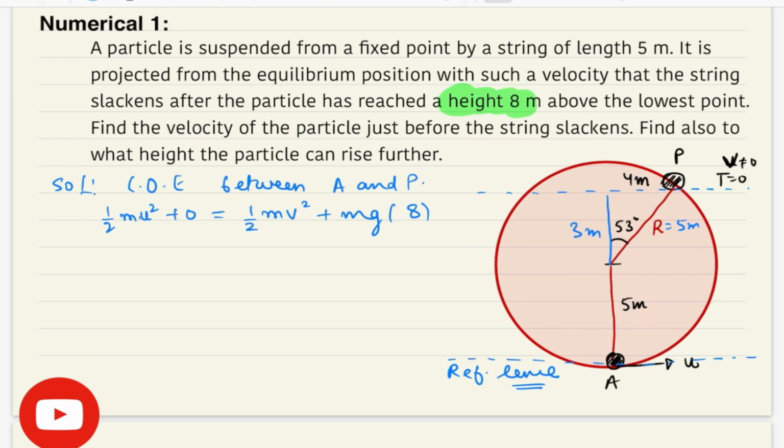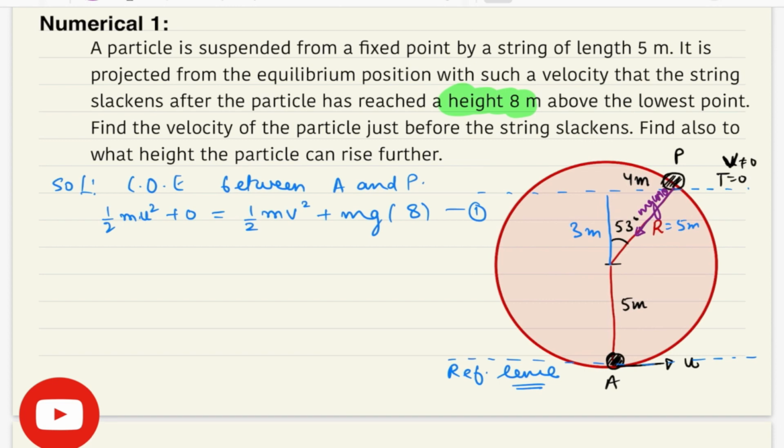This is one of the equations, and the second equation at point P is based on Newton's second law, that the net force toward the center is equal to centripetal force. So we can see here also that in this direction the force acting is mg cos theta.